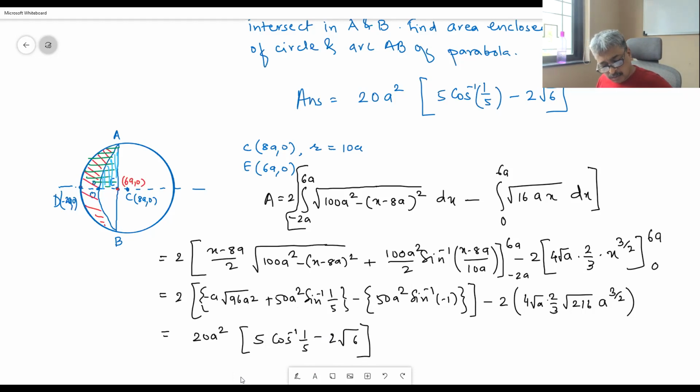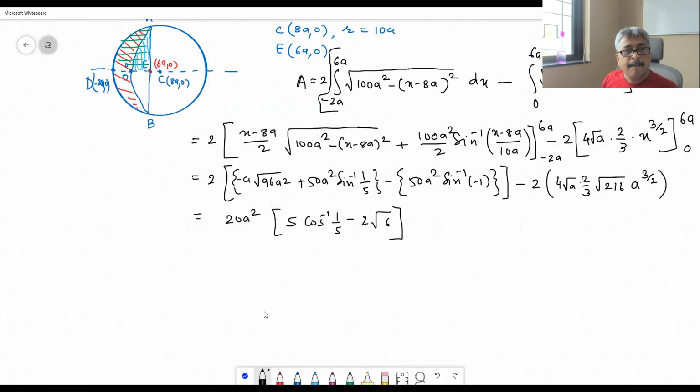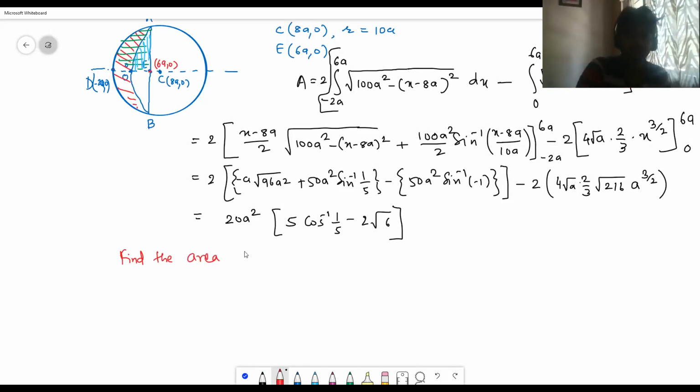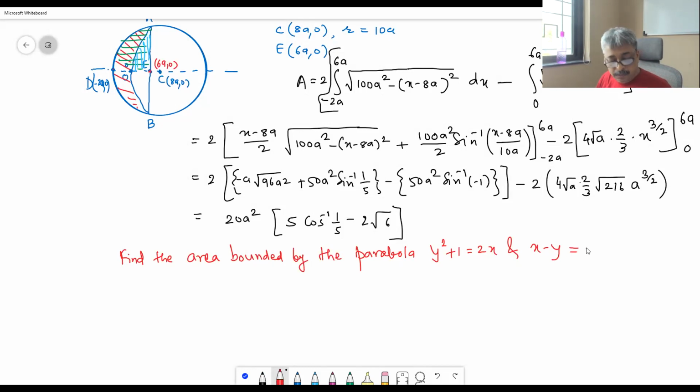Okay, let us solve one more problem. Find the area bounded by the parabola y square plus 1 is equal to 2x and x minus y is equal to 2.